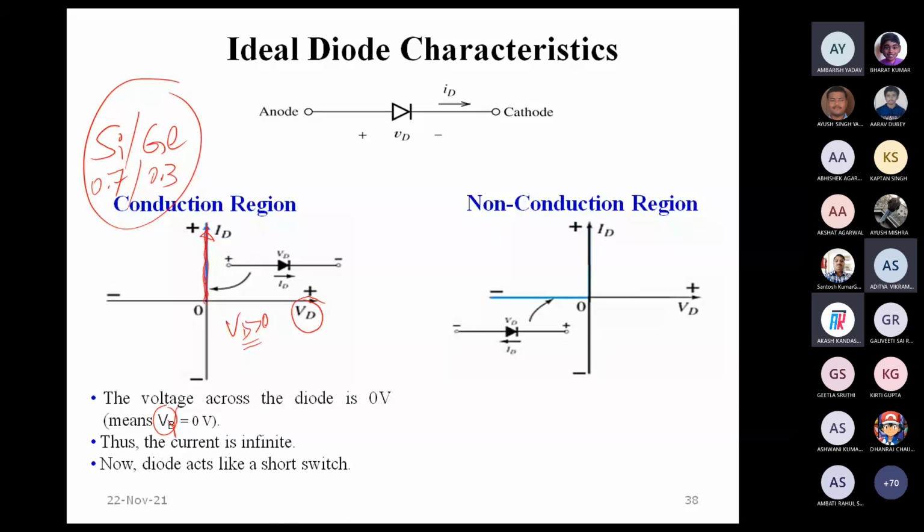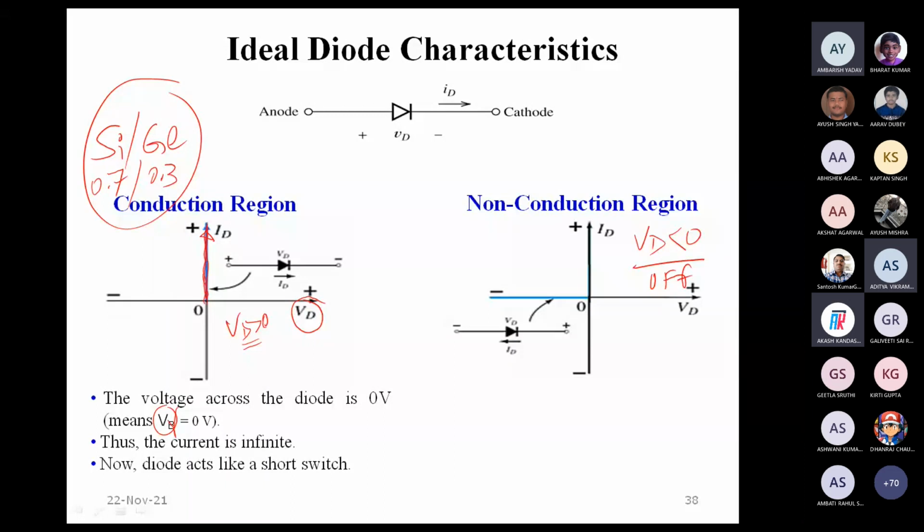Whereas if the voltage across this diode is less than 0, then it acts as if it is in reverse bias, in the off condition.